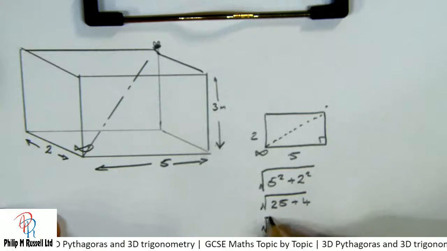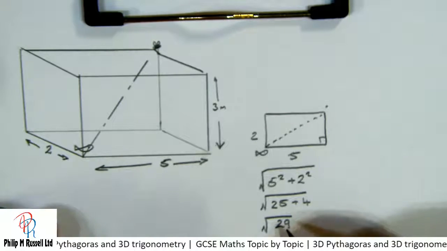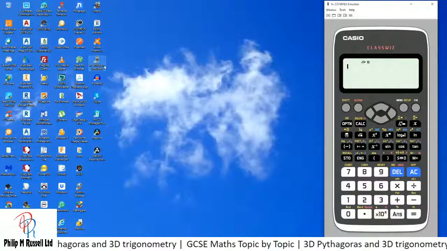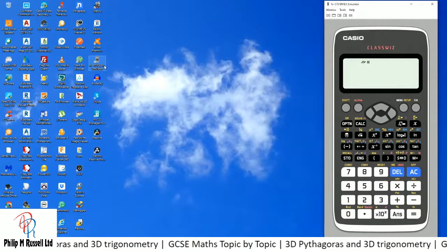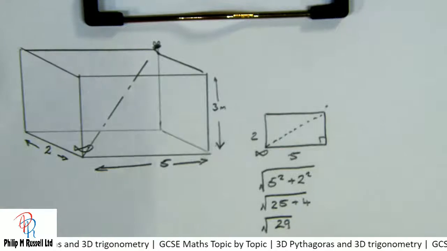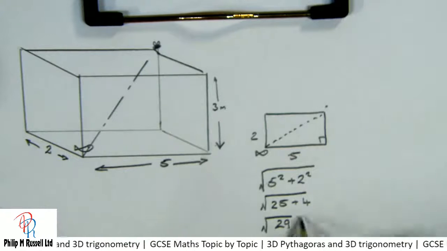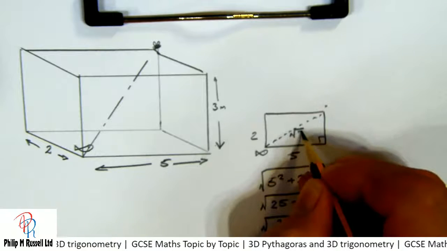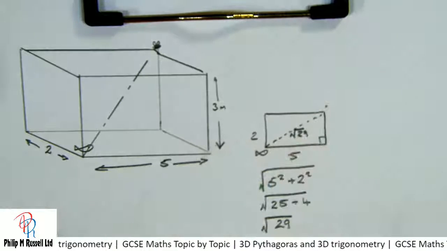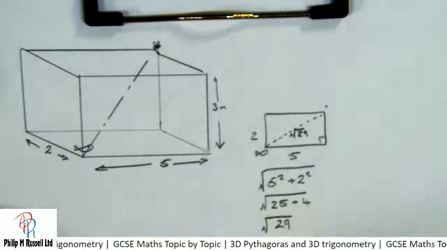So it's the square root of 29. And what I could do is I could get out my calculator and I could work this out. But I'm not. I'm just going to leave that as the square root of 29. And you're going to see why in a moment.